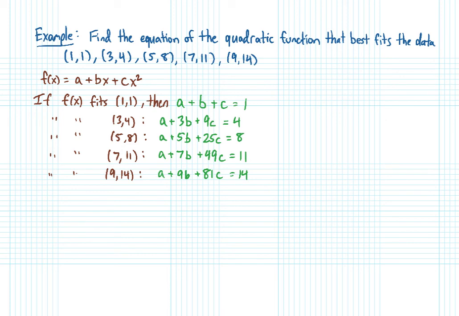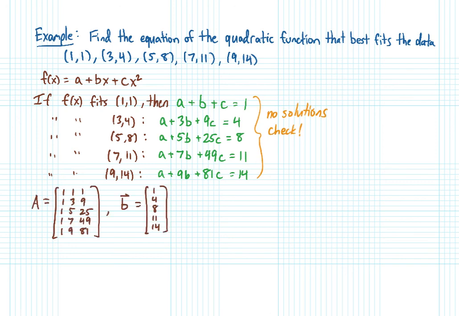And if we could solve this system of equations, then we would have a quadratic function that actually passes through all of the data points. However, as you might expect, this system doesn't have any solutions. And as usual, you can check this just by putting the augmented matrix into reduced echelon form and seeing that the system is inconsistent. And so to find the best approximation, we need to pass to the normal equation.